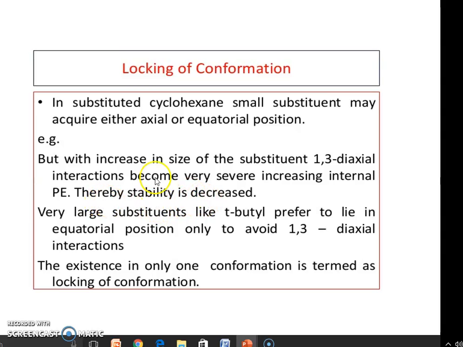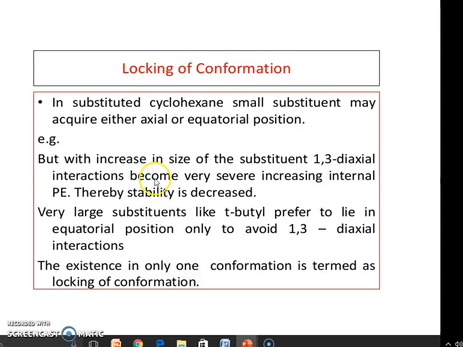A very large substituent like tertiary butyl prefers to lie in the equatorial position only, to avoid 1,3 diaxial interaction. The existence of only one conformation is termed the locking of conformation.